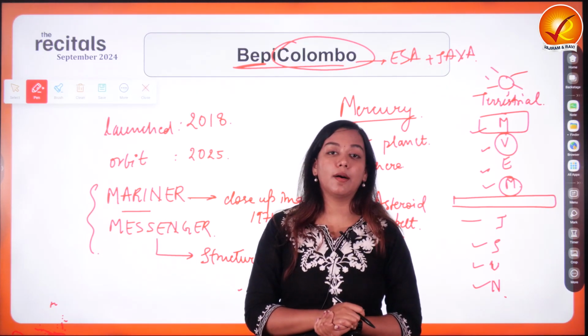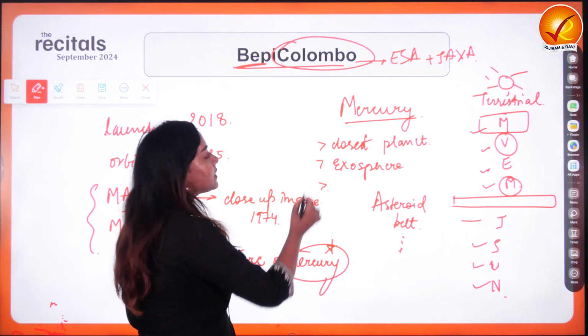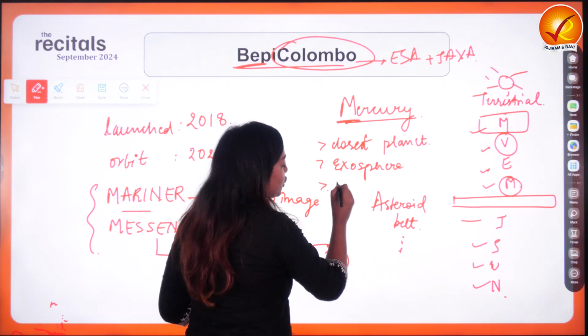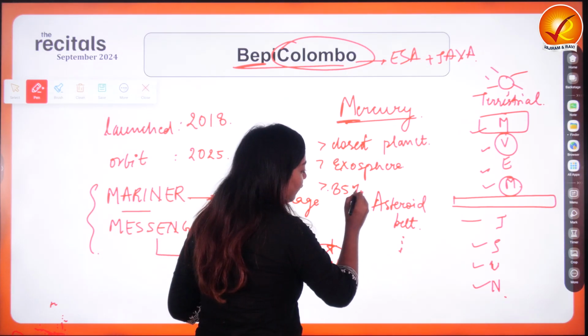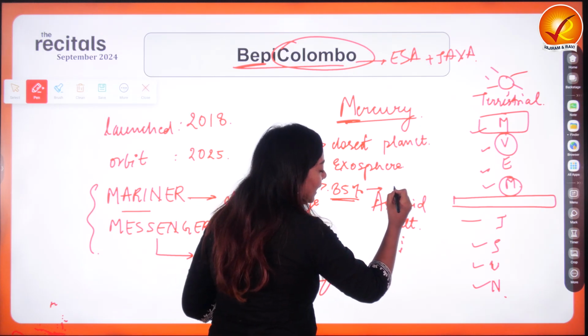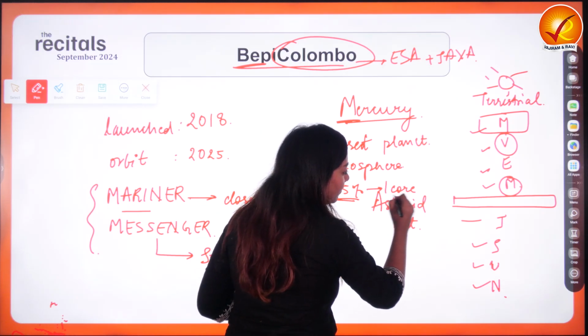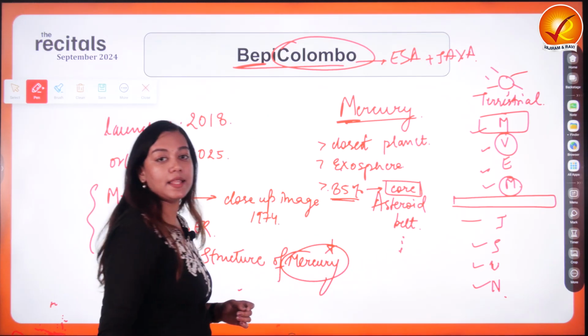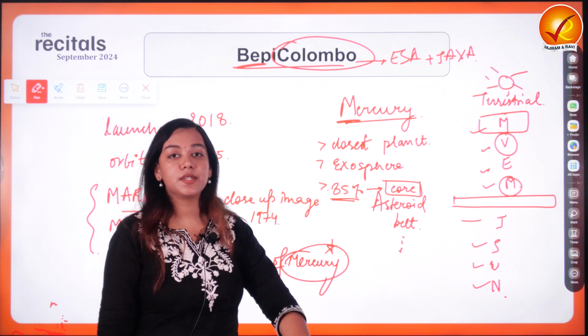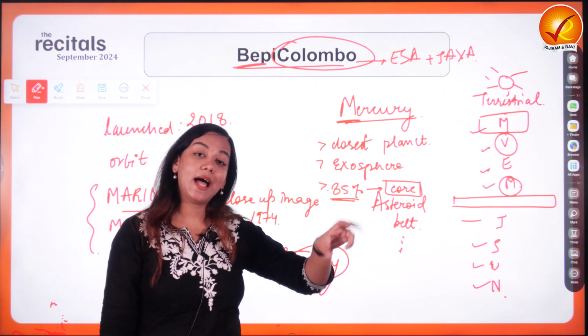And we already know that this is a very unique planet which has 85% of its structure in its core itself. The other 15% is made up of the mantle and the crust.